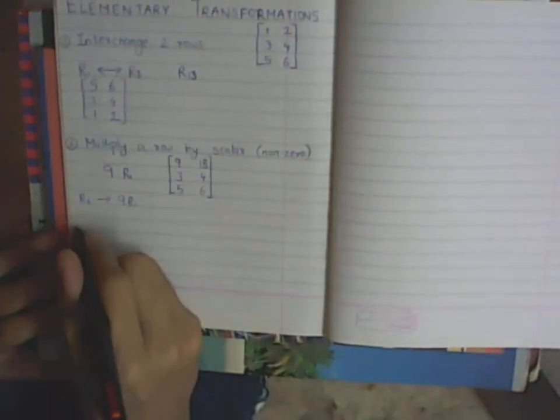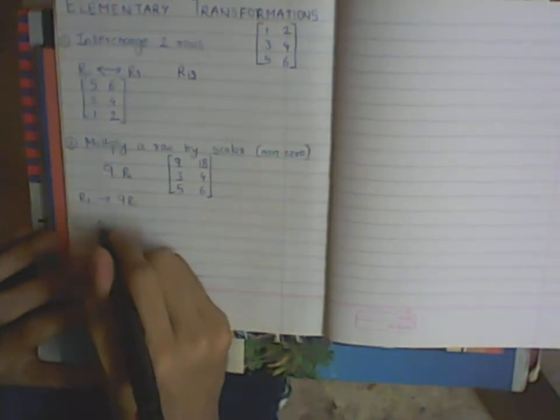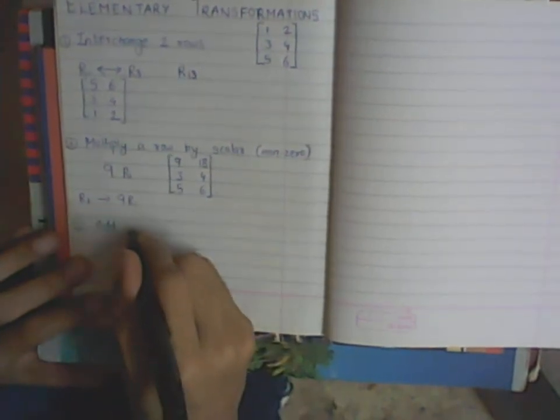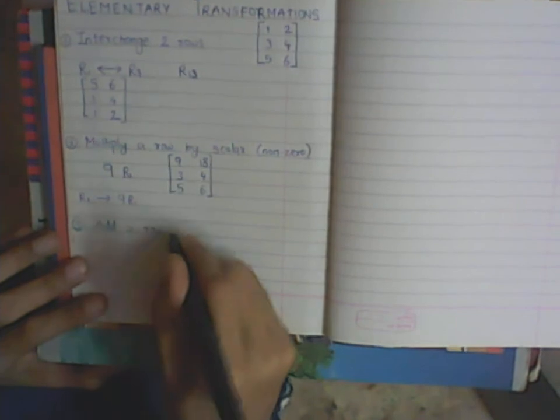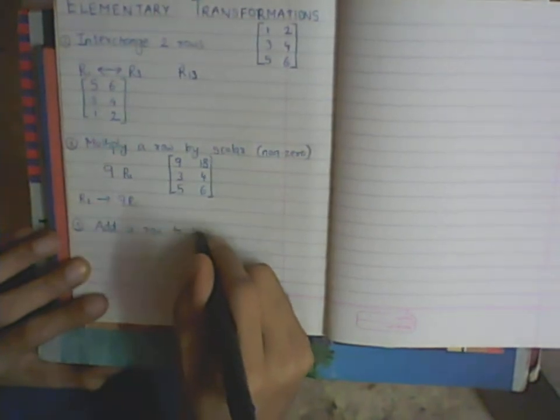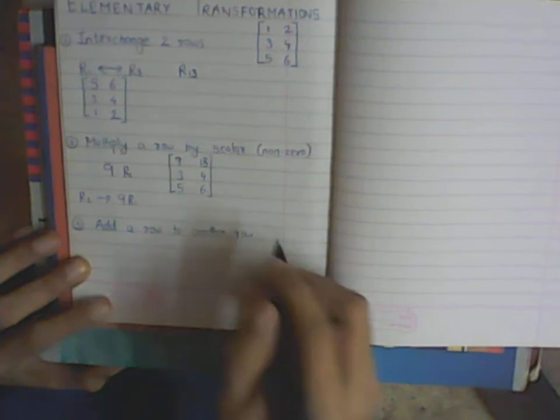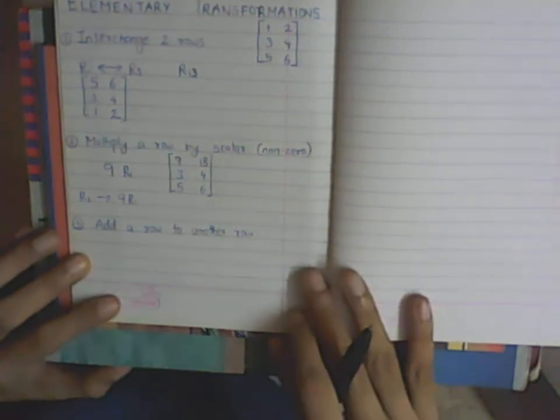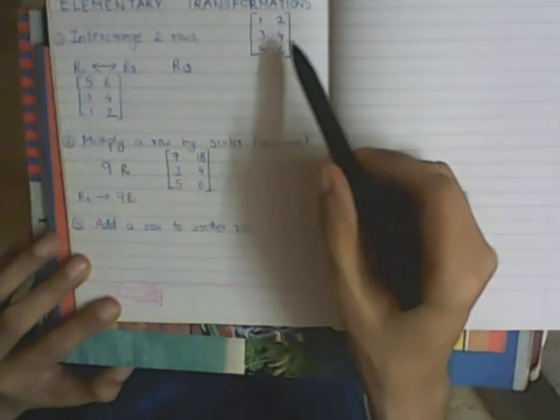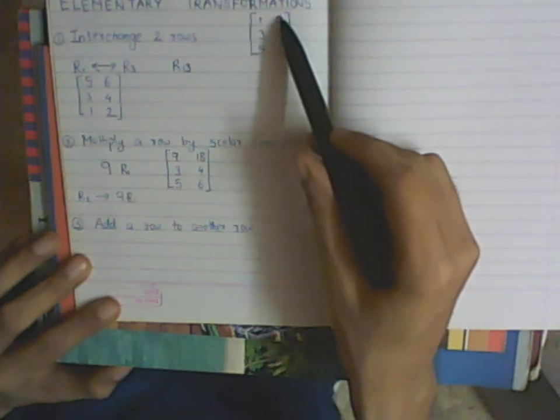The third type of transformation is that you can add a row to another row, and this addition will be done term by term. So let's say I want to add the second row to the first row.